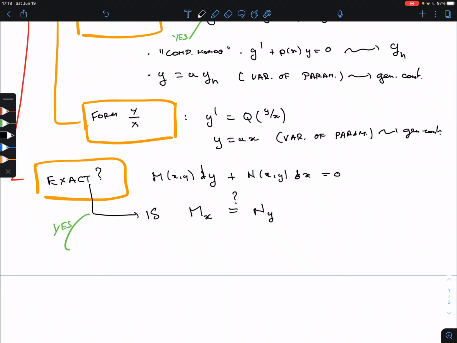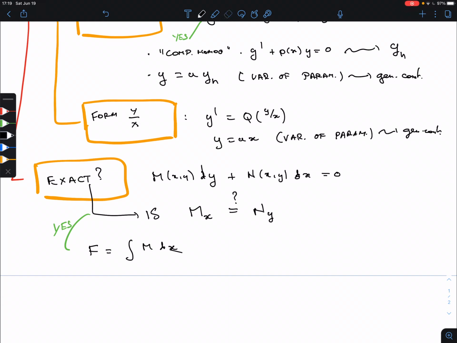Well, then we find f, which is the integral of this M dx with respect to y. I'm now thinking about whether I put my M and N in a different order. Let me try to use the same M and N here. Yeah, okay, I see what I saw.